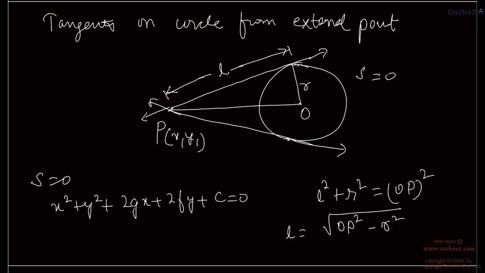If you put the value of the center O and find the length OP, and substitute it here, you will get the length as root under S1, where S1 is x1 square plus y1 square plus 2gx1 plus 2fy1 plus c. So under root S1 is the length of a tangent to a circle.